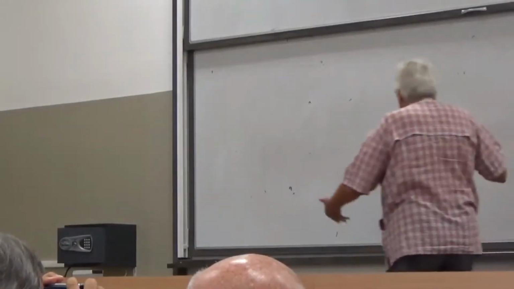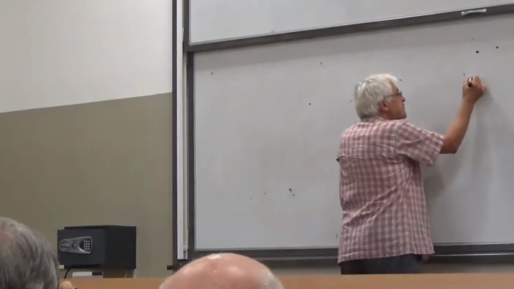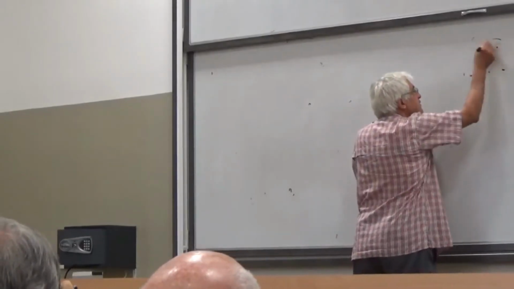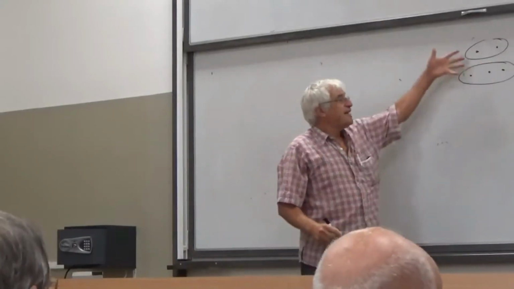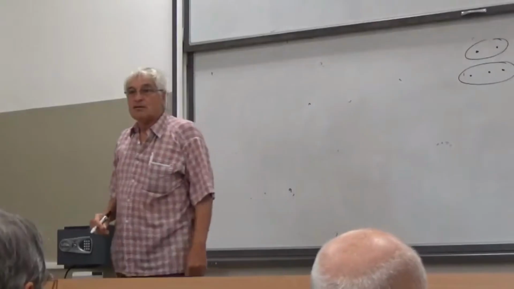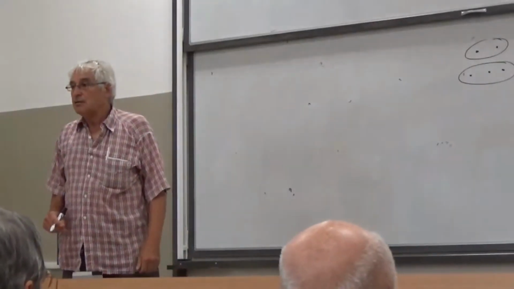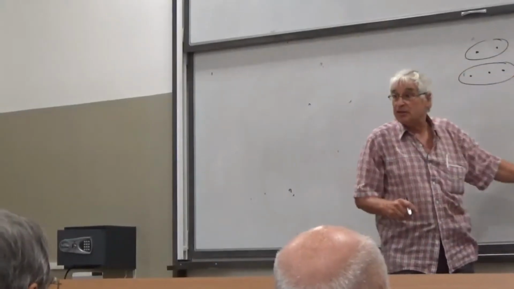So let's take very easy spaces: a space of 2 points and a space of 3 points. So this is space 1 and this is space 2. All the rings are different, right? The theorem says yes, because the topological spaces are different.